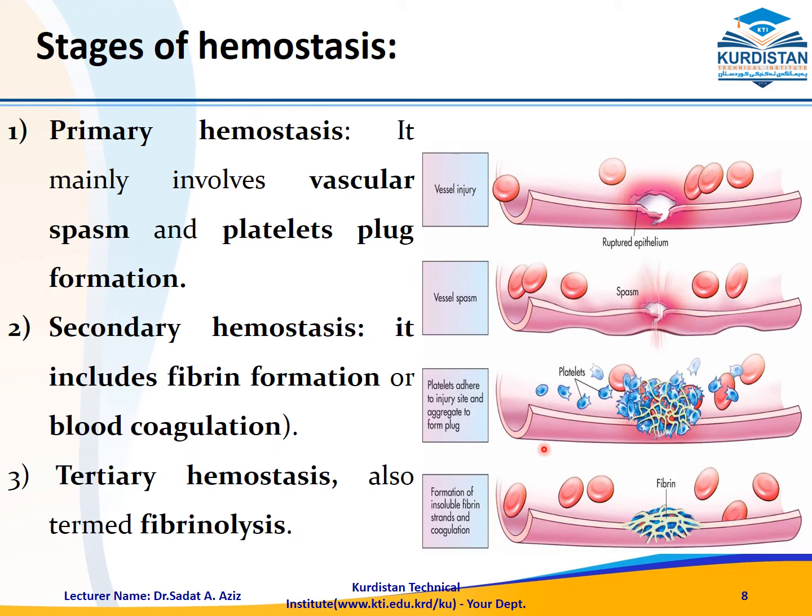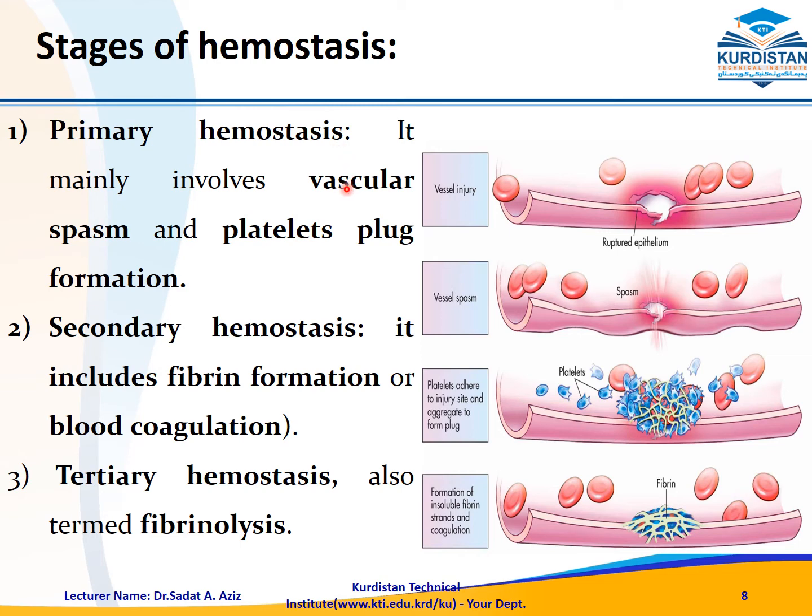So the process of hemostasis can be divided into three main stages. The first one is called primary hemostasis, and the second one is called secondary hemostasis, and the third one is called tertiary hemostasis.